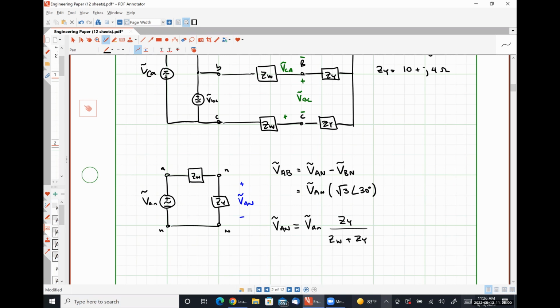And then the last thing that we need to figure out then is how do we determine VAN? Our equivalent Y connected phase voltage. Exactly right. Convert VAB to VAN using our conversion factor.